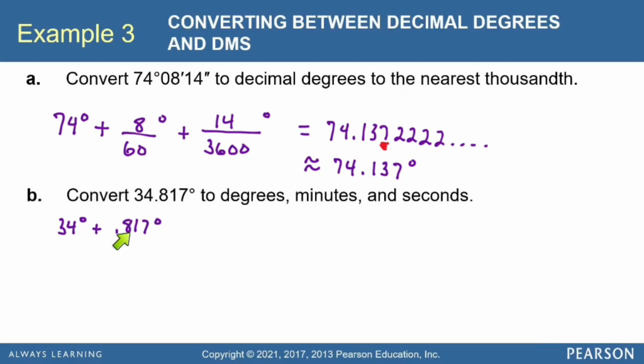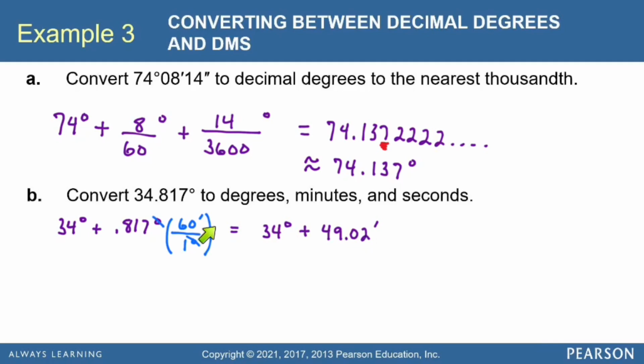Now the trick here is to convert this partial degree into minutes. Now we know that there are 60 minutes in a degree, so if I want to convert these degrees to minutes, I can just multiply by 60 minutes over 1 degree. So the degrees would cancel out and leave our answer in minutes. So this 34 degrees is separate, and all I'm going to do on my calculator is 0.817 times 60, and that's going to give us 34 degrees and 49.02 minutes.